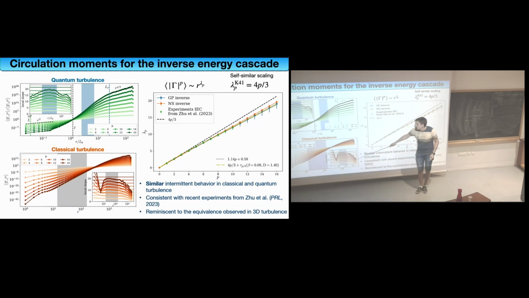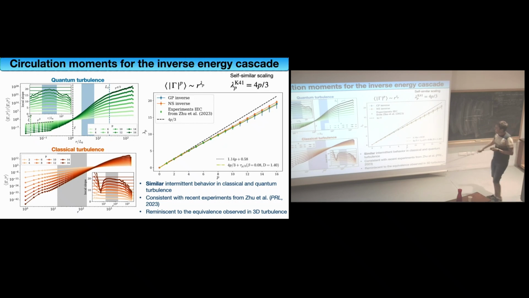Also, we do the same with classical turbulence, and we can compute these scaling exponents, lambda p, which are shown here. What's interesting is that in blue, quantum, and in orange, classical 2D turbulence display the same, or a very similar, intermittent behavior within error bars.